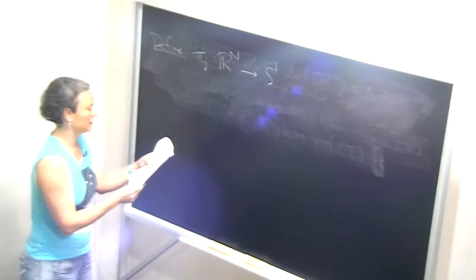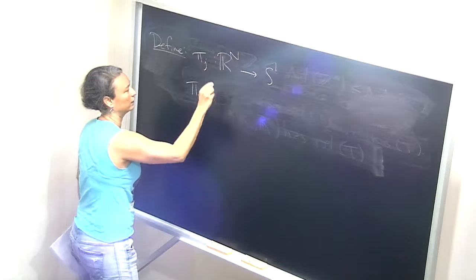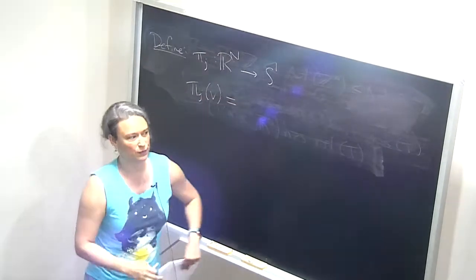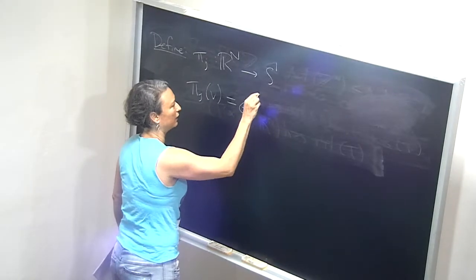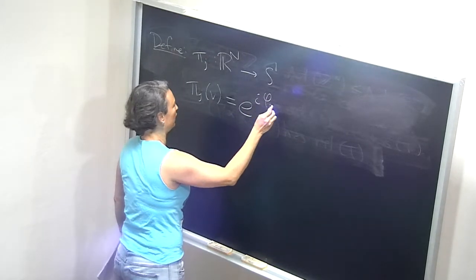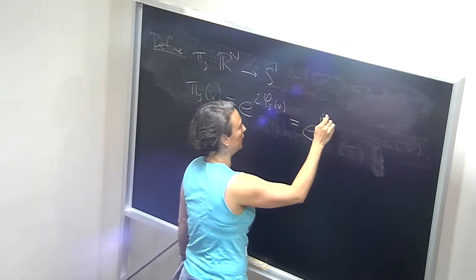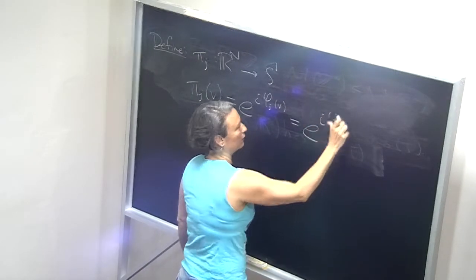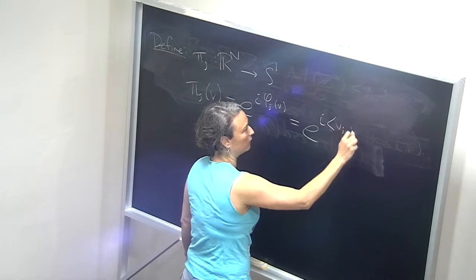And what's it going to be? Well, I need to tell you what it does to a particular vector. I'm going to use phi. It's going to be e to the i phi j of v, which I will remind you is e to the i inner product vj with v.